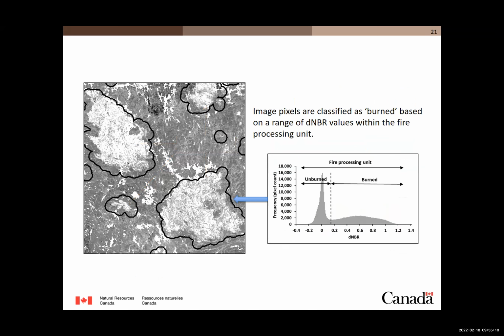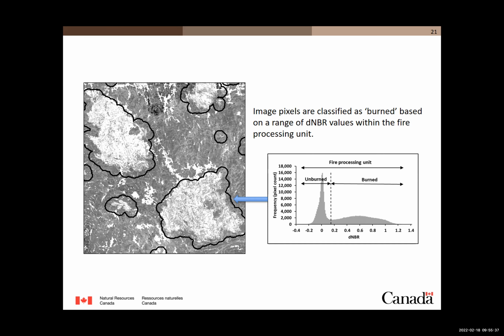So now at this stage, we're set up to do our image mapping. If we extract all the pixels within a fire processing unit that I'm pointing to there on the screen, we can create a histogram of the differenced NBR values. So the next step is to threshold, which means to set a range of differenced NBR values to classify as burned pixels.